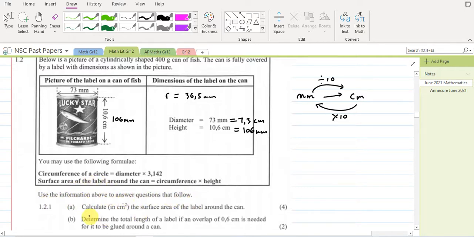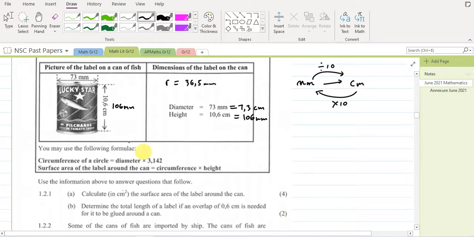Now, use the information above to answer the questions that follow. Calculate in centimeters squared. So we are dealing with centimeters. The surface area of the label around the can. They're not talking about any overlaps, but let's just see. 1.2.1. The surface area around the can is basically a label like this.